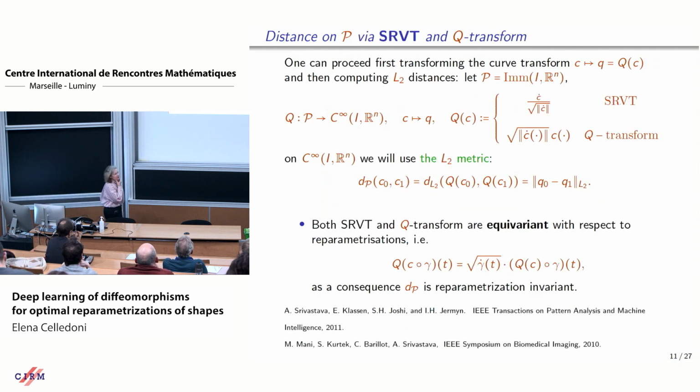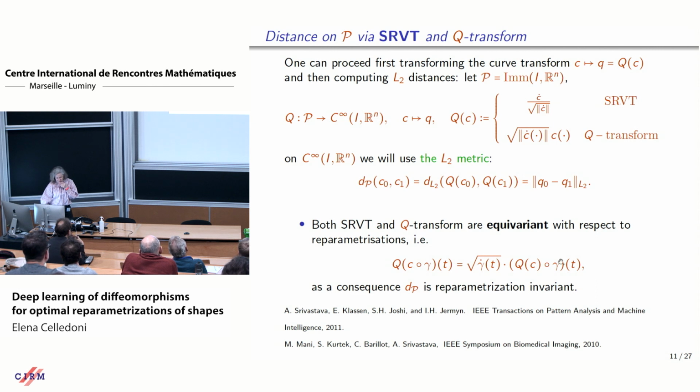Okay, so an alternative way, instead of cooking up your Riemannian metric on the space P, which is a bit algorithmic and relatively easy to use, is by first transforming the curves with an appropriate transformation, and then using a familiar notion of distance, which is the L2 distance.